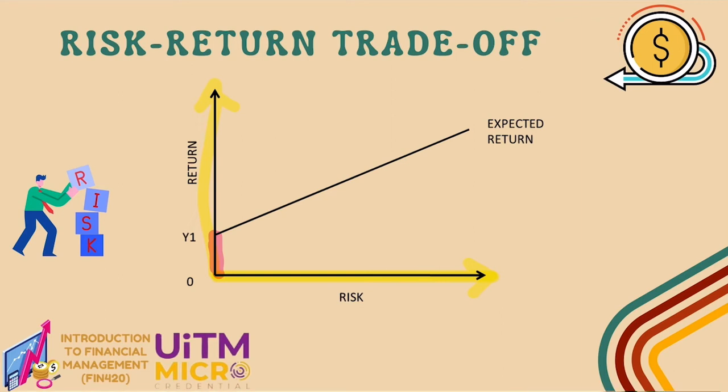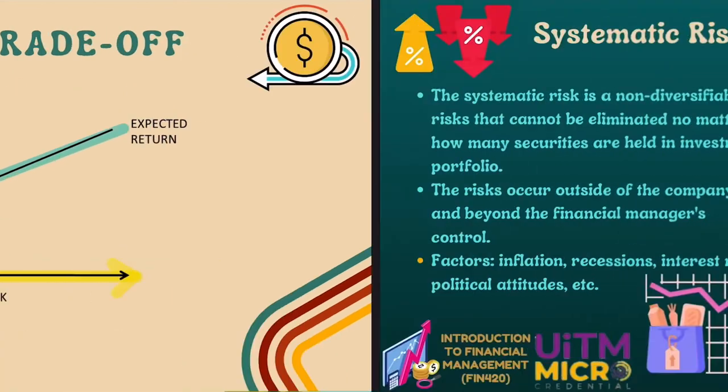Okay, and then the diagonal line from Y1 to ER, expected return, illustrates the concept of risk and return trade-off, which has a positive relationship where the higher the risk, the higher the return will be.